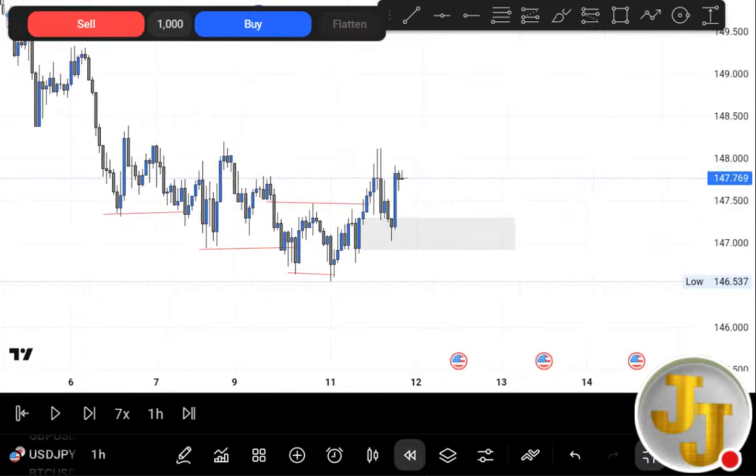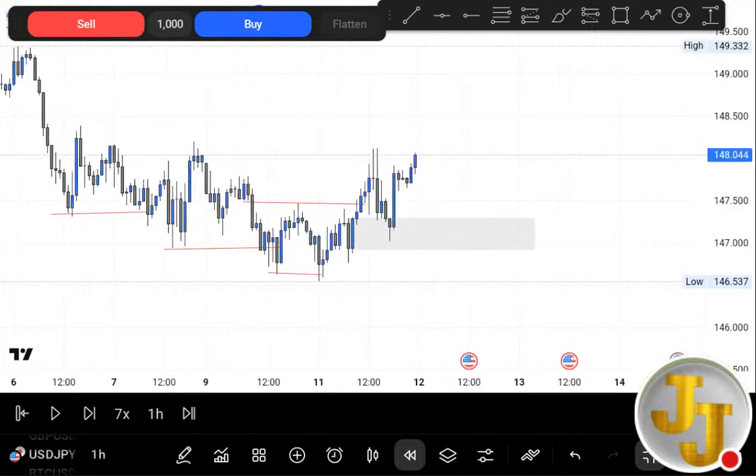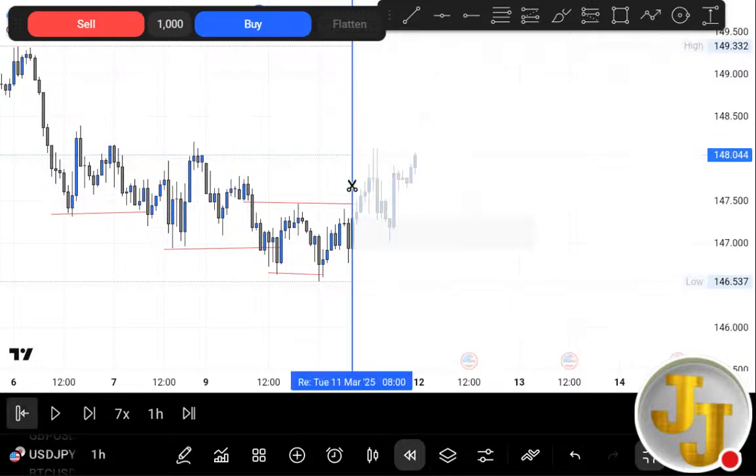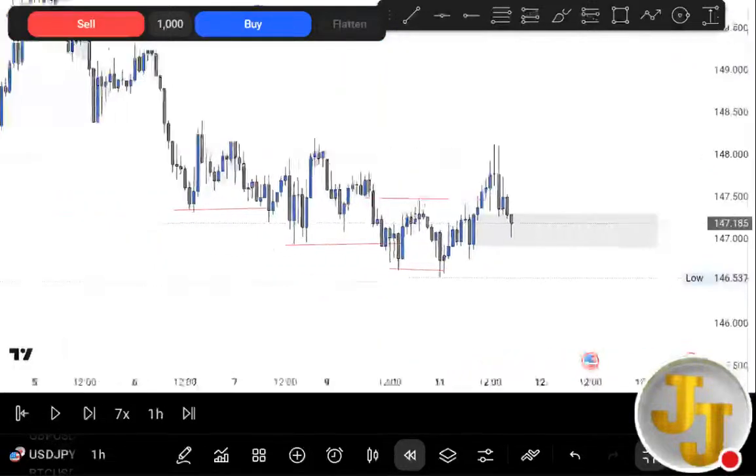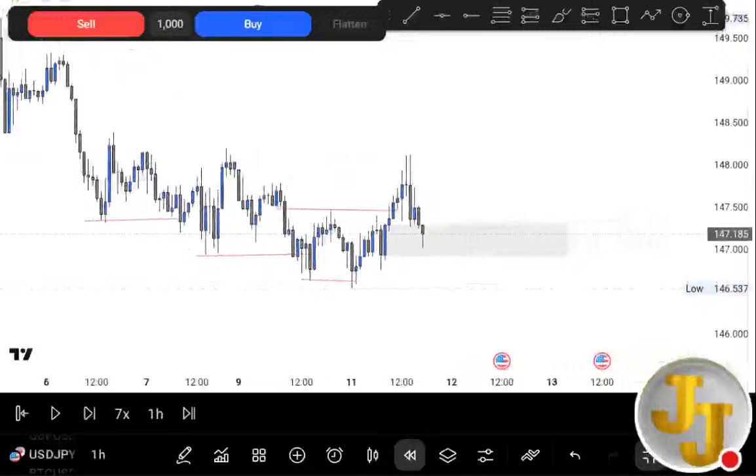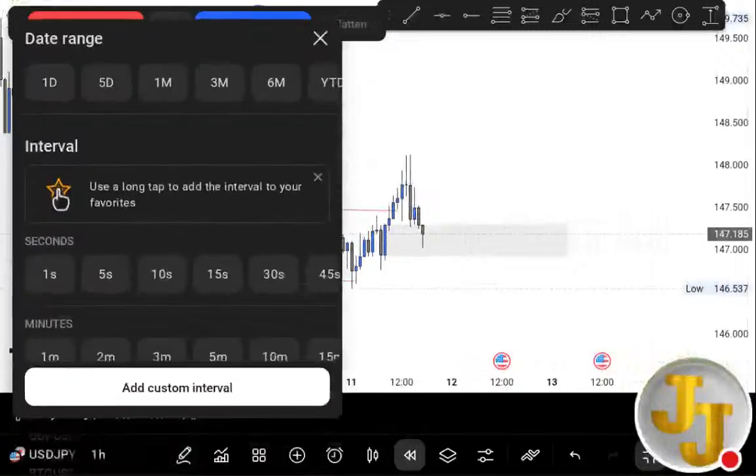When it taps it, you see how it has done. Now I want to show you how they entered there when it taps your order block. When it taps your order block, that's when you go to your lower time frame for entry.